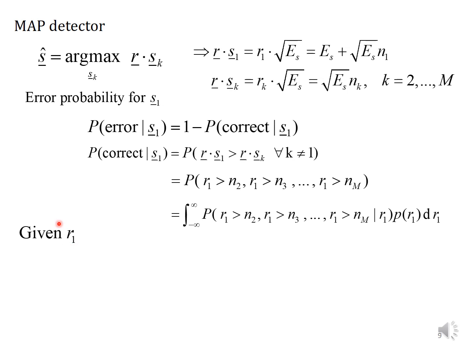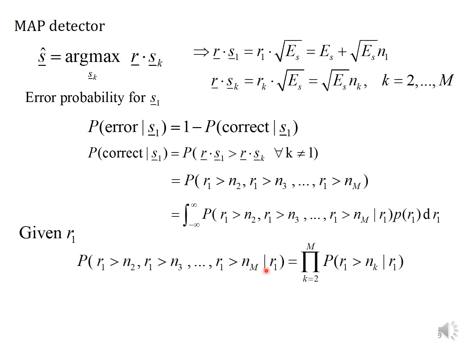Suppose we are given R1. Then this is a conditional probability, given a certain value of R1, as we said, R1 could be any value.